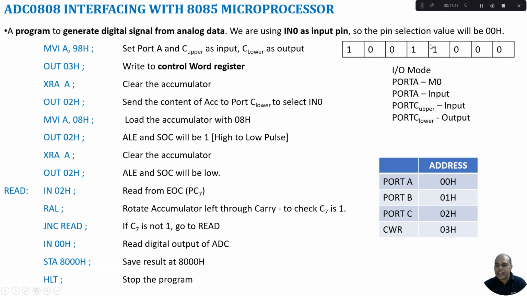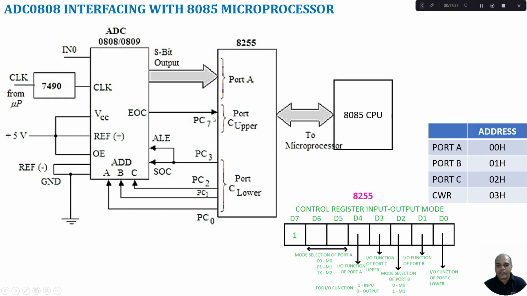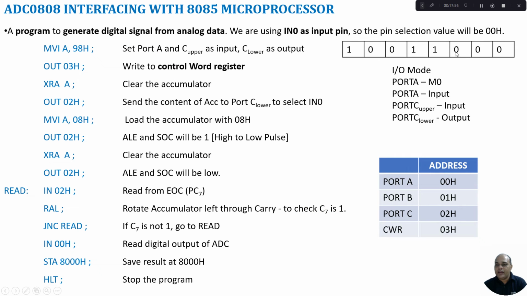Port C upper also we are going to use as an input port, because we have PC7 coming as an input. Then port B we are not going to use, so these 2 bits we can set to 0 or 1, there is no issue. Finally, port C lower we are going to set as an output port by putting it as 0. So this is 98.